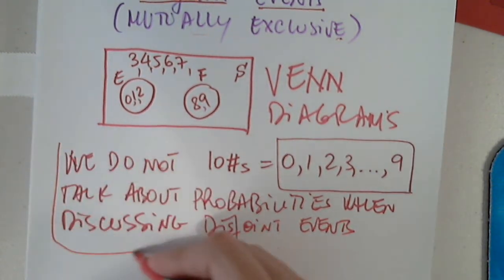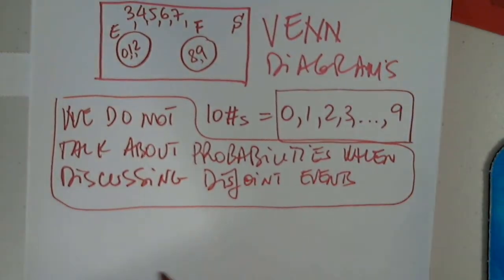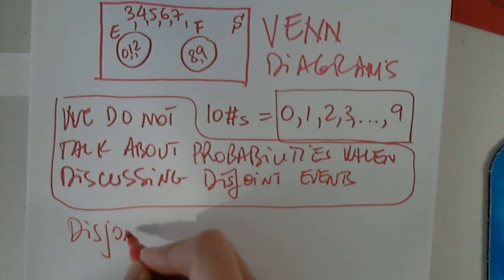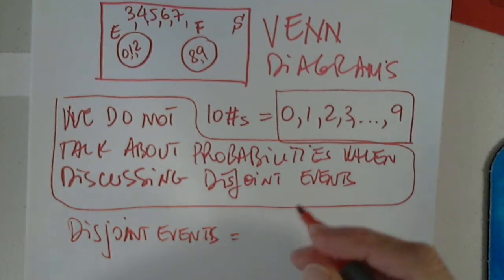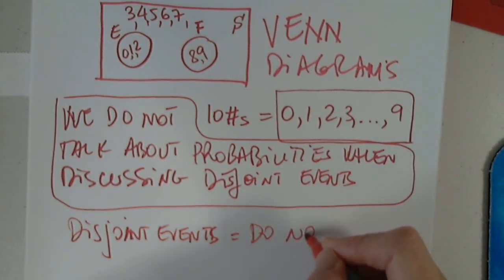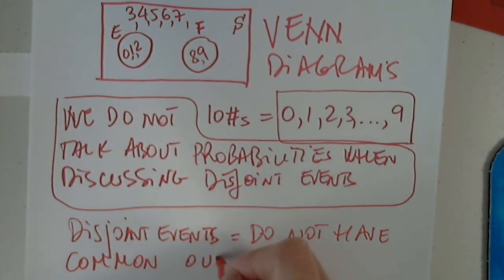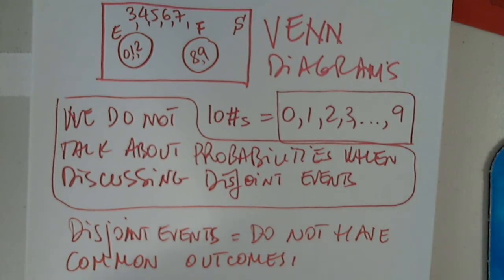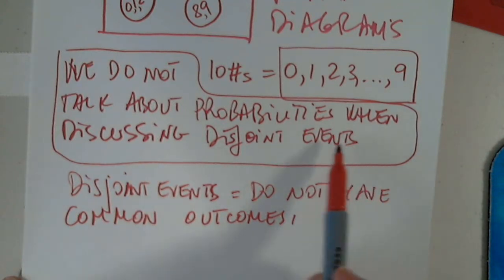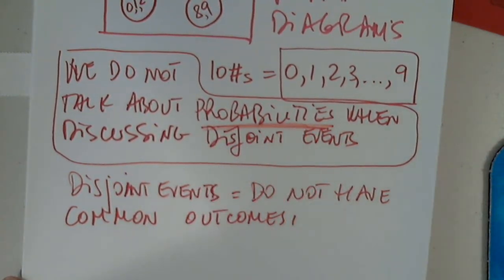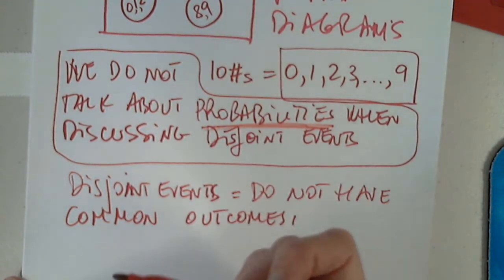This is very important to understand. There is no reference to probabilities. We only say disjoint events do not have common outcomes. Period. And there is no discussion about probability. These two do not have common outcomes.